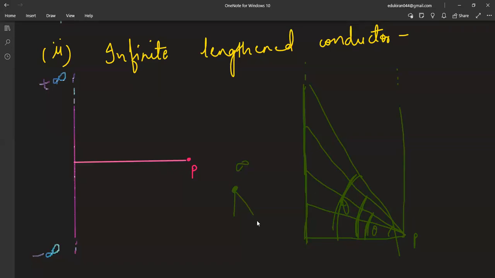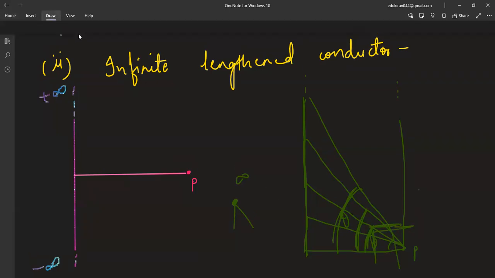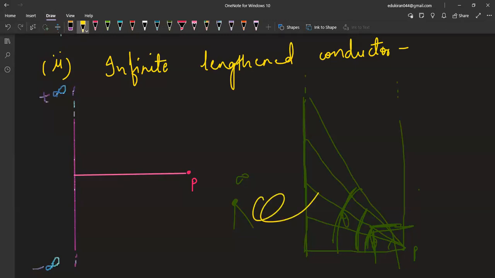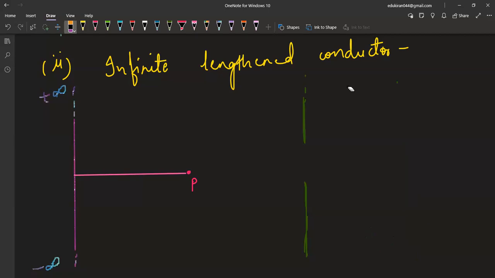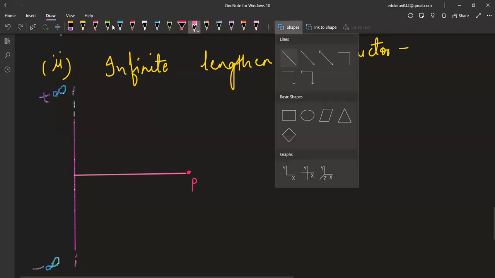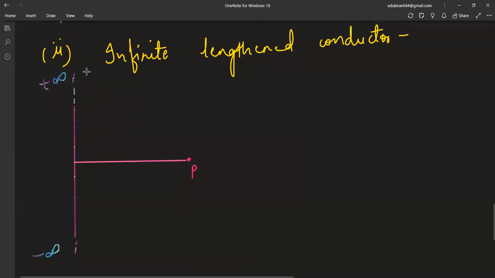So the angle that we take over here becomes 90 degrees. Because the ends are at such a big separation that you cannot calculate it.